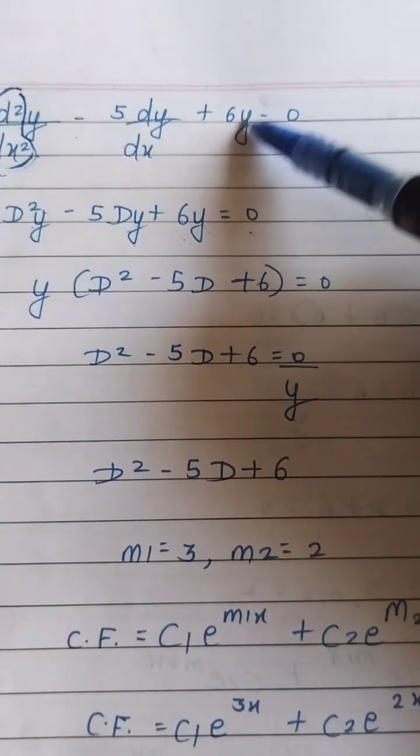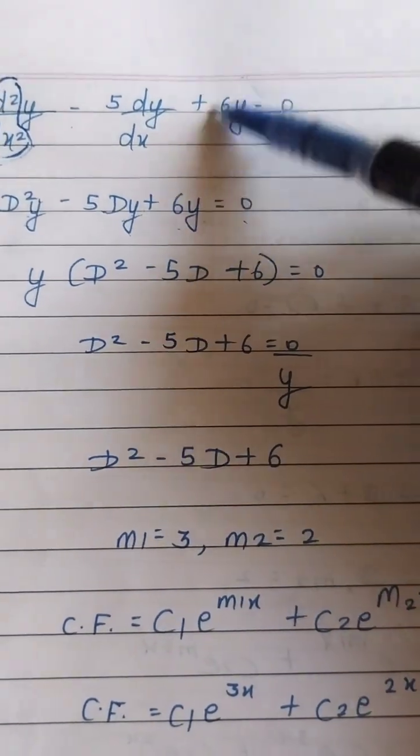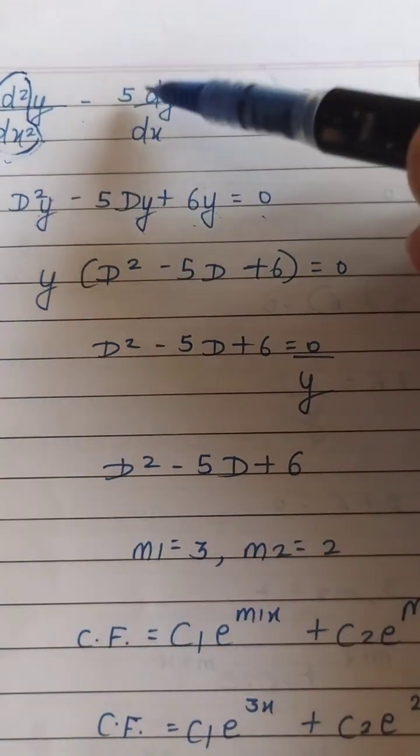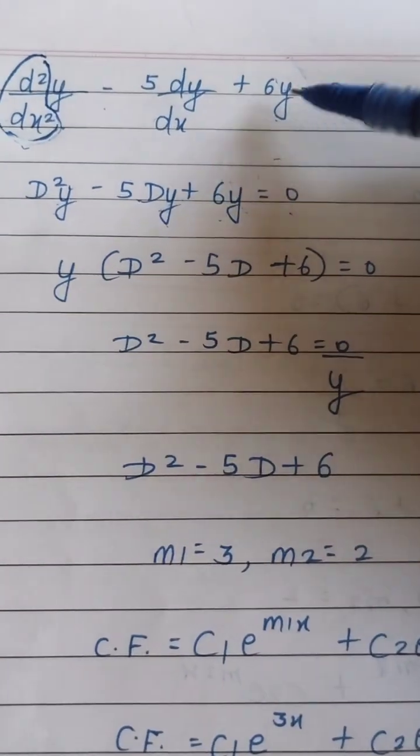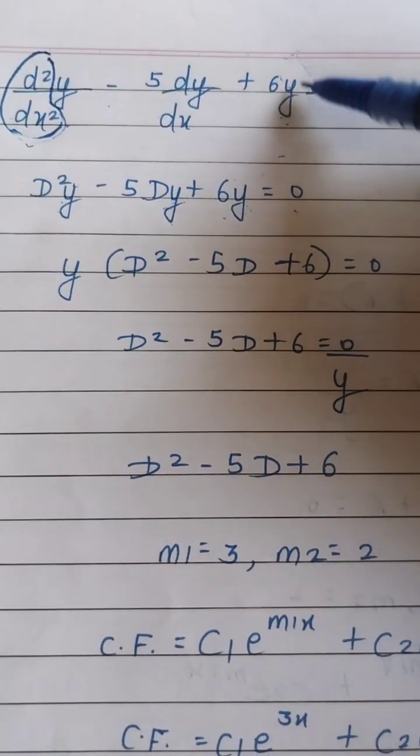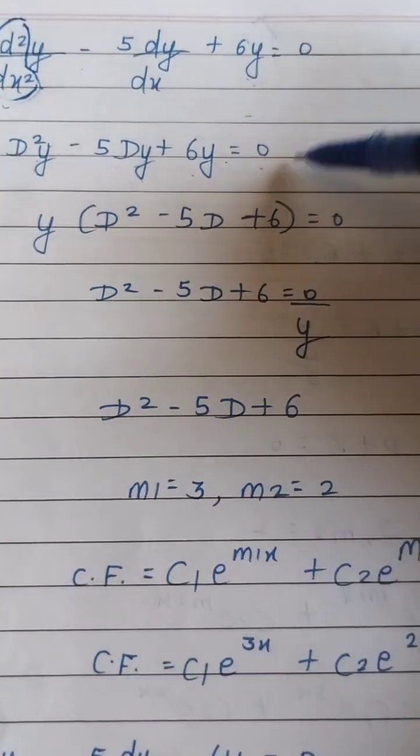This 6y is written as it is because there is no term of fraction, means d by dx is not there, d square upon dx square is also not there, means nothing here. So 6y directly we have written as it is, equal to 0.